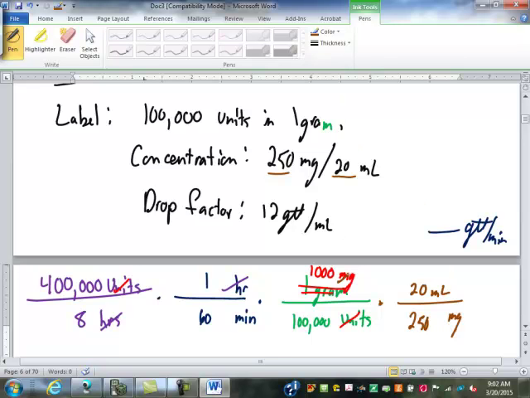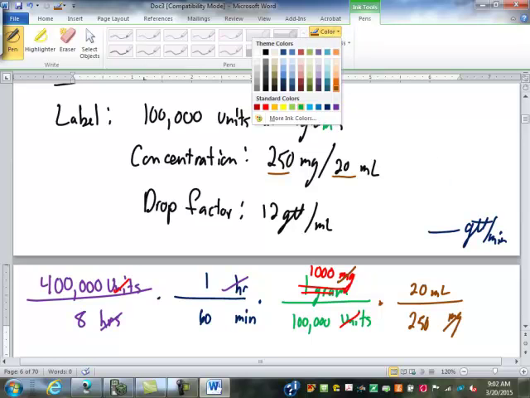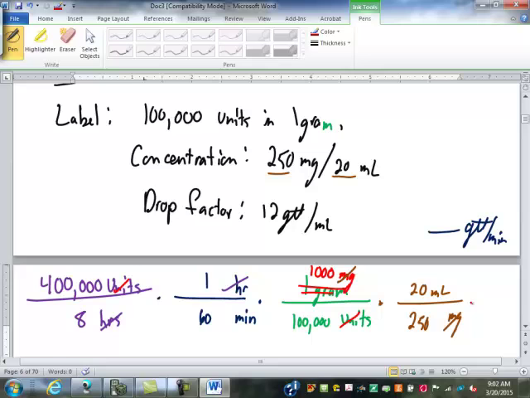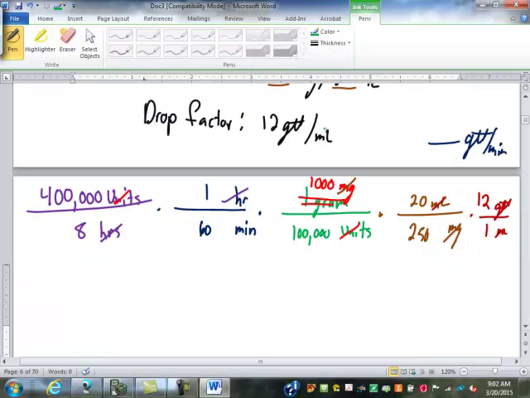Now our milligrams are gone, we're in milliliters, and of course the last step will be to take those into drops. We have 12 drops per 1 milliliter. So the milliliters will be gone. So now what we're looking at here is 400,000 times 1 times 1,000 times 20 times 12.